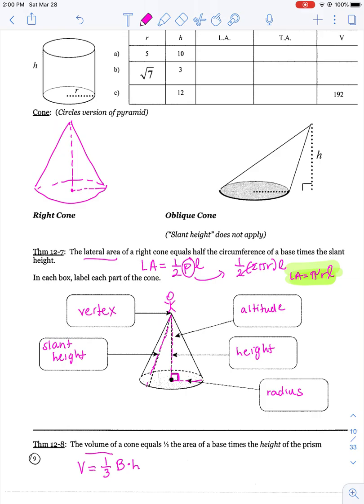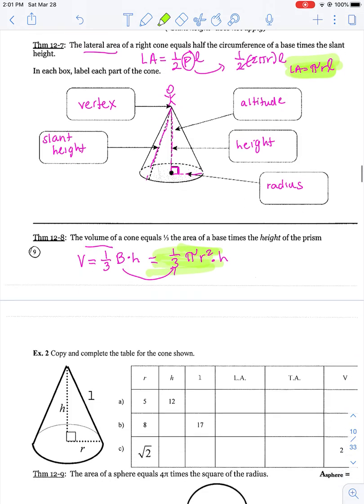Since we're thinking of cones as the circle versions of pyramids, and the base of a pyramid was a square or a regular polygon while here it's a circle, we replace capital B, the area of the base, with the area of a circle, pi r squared, times h. This is the other formula for cones that we would have to know.